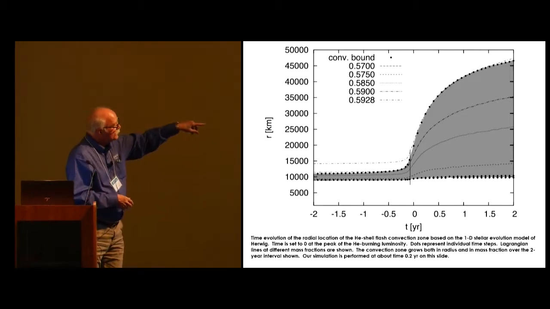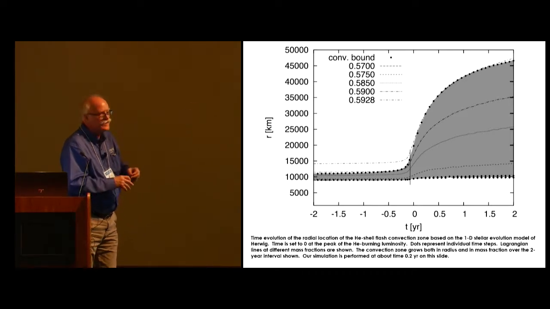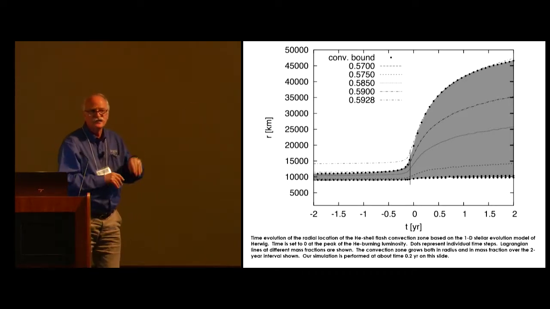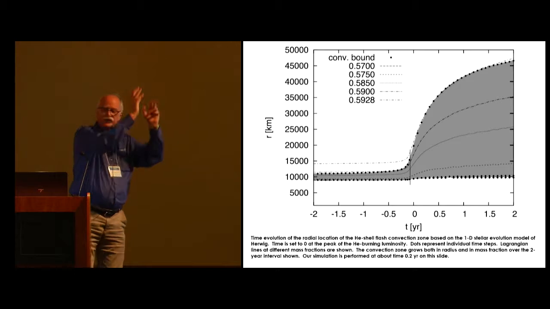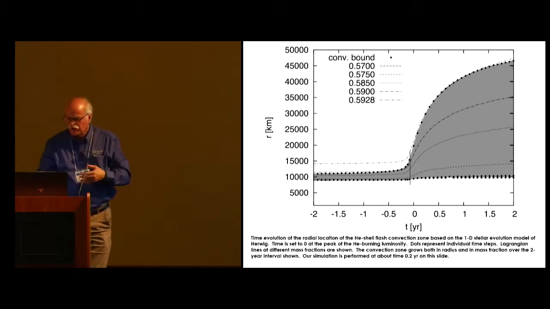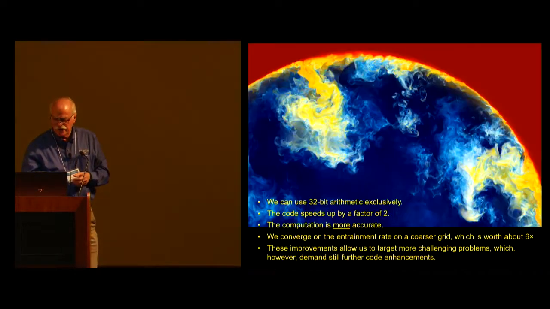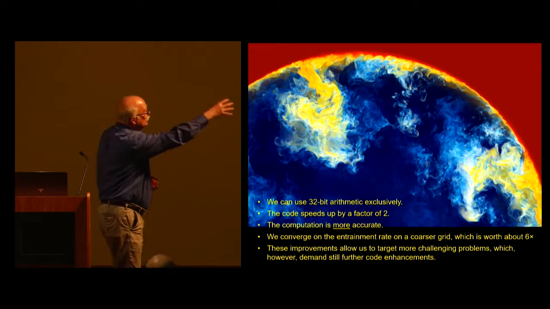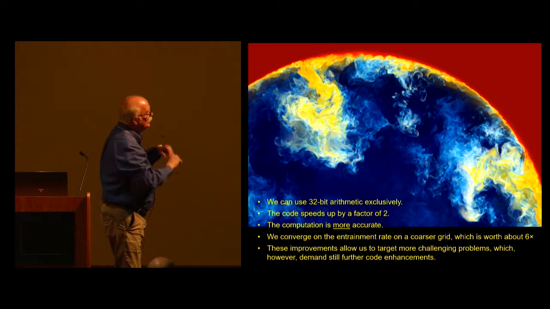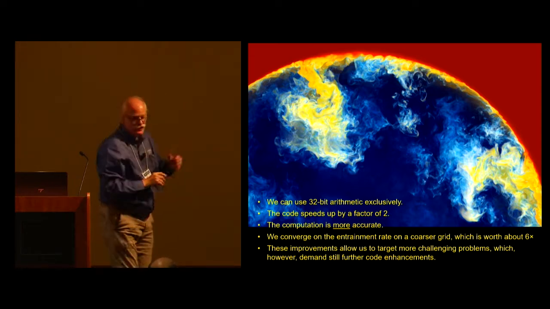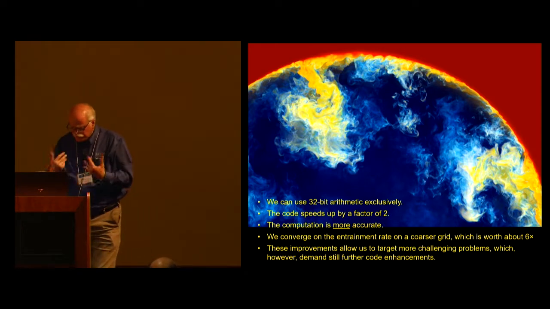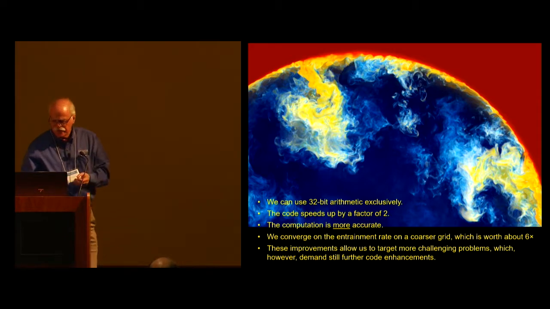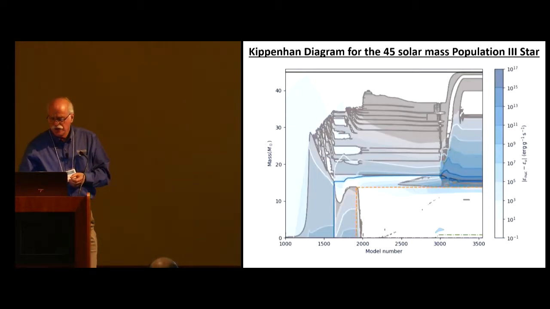And those dashed and dotted lines are Lagrangian lines, showing that it really is moving into some more of the stuff and can pull it down. And the way that it pulls it down is through these very complicated things that go on at the edge. And we've been looking at that on Blue Waters.